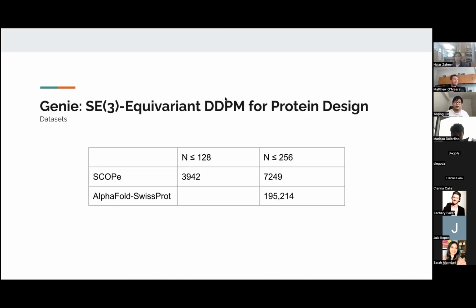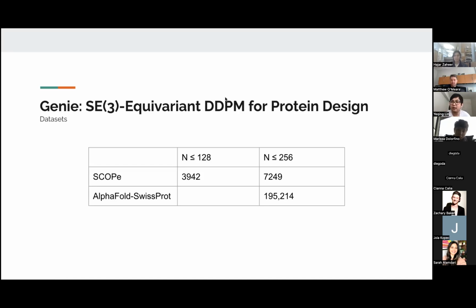So for the first part, the frame construction starts with the C alpha atom at the center, and I think I took C alpha and C as the x-axis, and then using the x-axis and the C alpha and N, you're able to construct the y-axis by a perpendicular angle, and then using that you can construct the z vector. So it roughly represents the direction there.